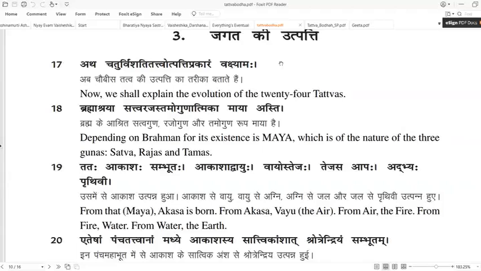And this is the power of maya, by which the vikshepa, the projection part, projects different beings around me, different people, different objects. So all of these objects become my world, my universe.